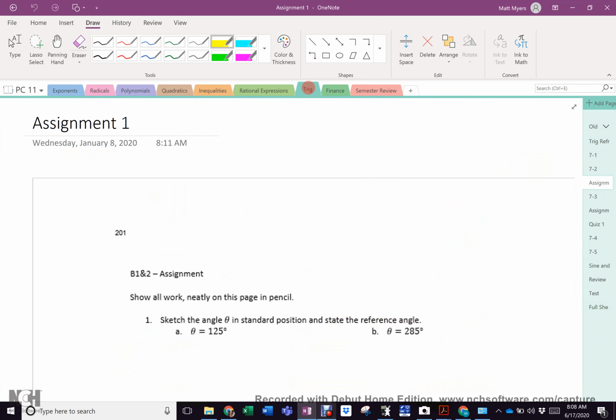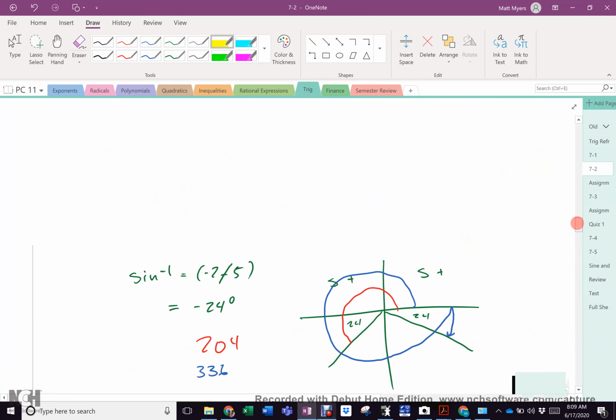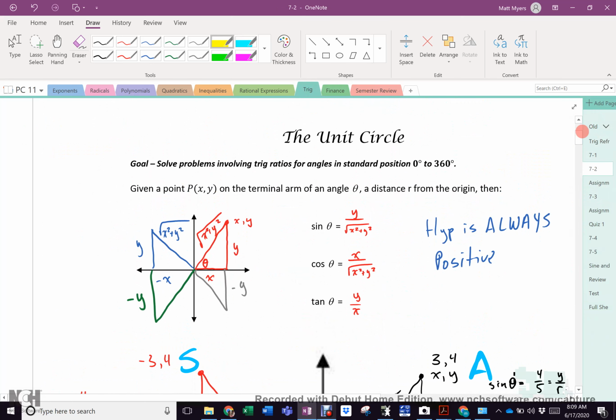And then in trig, the unit circle. They call this the unit circle because all of these points could make a circle. And you'll notice that all these points, that point right there, x, y, they're both positive.